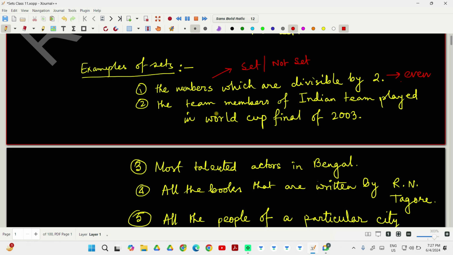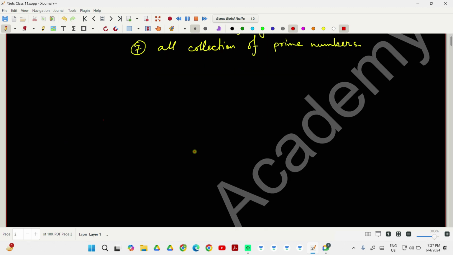So I am taking a collection. Let us denote it by capital A, that is the numbers which are divisible by 2, or in other words the numbers which are even.